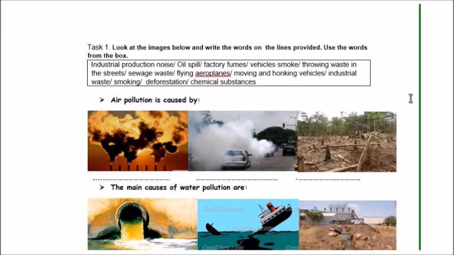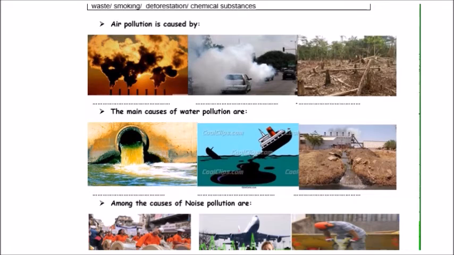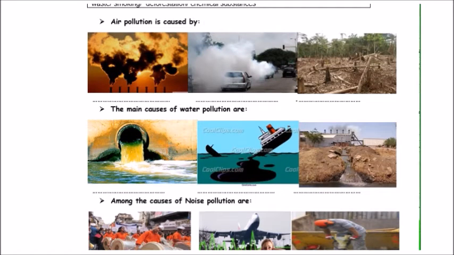So the first one that we have is air pollution is caused by, and you need to match the words in the blank with the images. In this case, what is causing air pollution, and you're gonna write down the names, or match the vocabulary with the words.